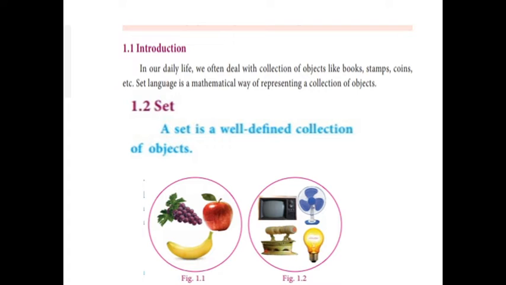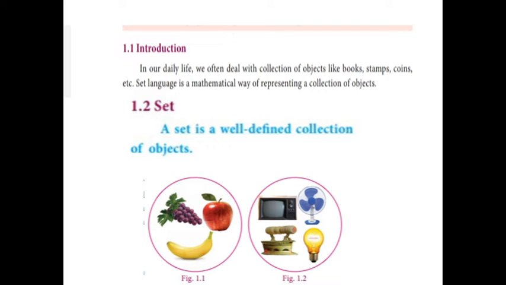Set language is a mathematical way of representing a collection of objects. Set theory is a language of mathematics. We can also say that the set is the building block of mathematics.